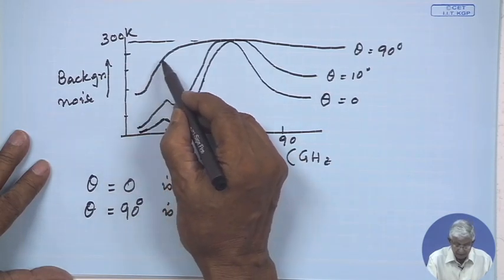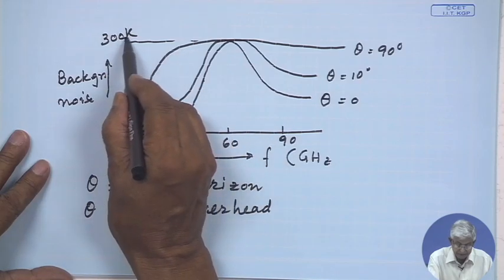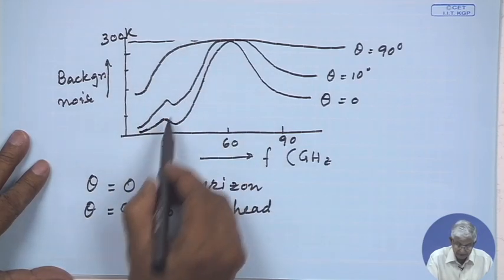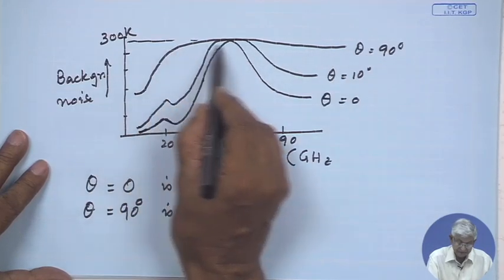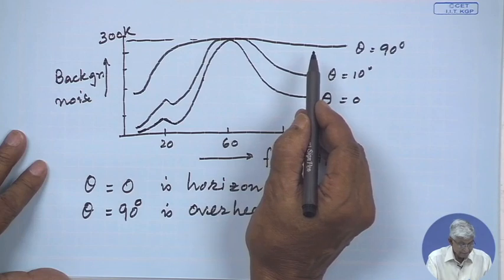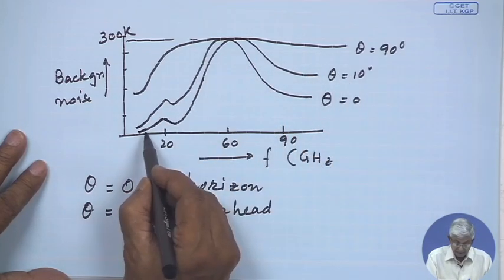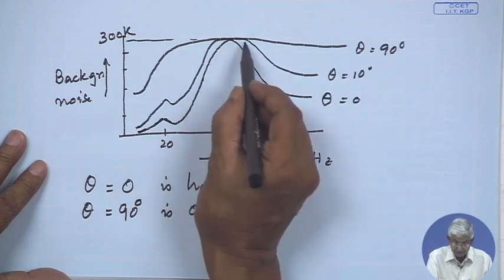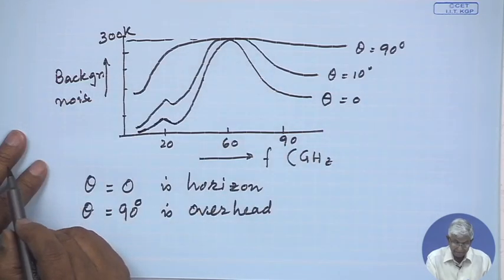The sky noise is low over most of the microwave frequencies, and at low elevation angle it reaches very high, up to 290 K or so.